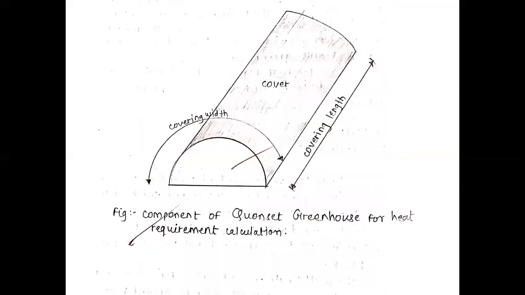So this is Quonset greenhouse, which has the semisphere or oval shape, or half semicircle shape of the roof, and here is the covering width, where the covering film or covering material is provided of polycarbonate, or plastic film, or FRP.